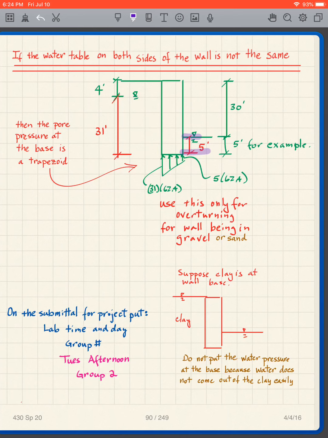So when we create a little trapezoid here that's going to represent the water pressure, and then we have to find the area of that trapezoid to get the force. So we have stress. This is our stresses. We have to convert that to a force by taking the area. And that means, of course, we're only going to use that when the wall is in gravel or sand. So in other words, when the base down here is in gravel or sand, that's what we want to do.